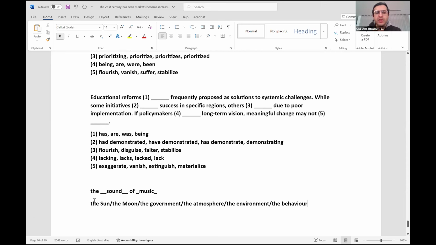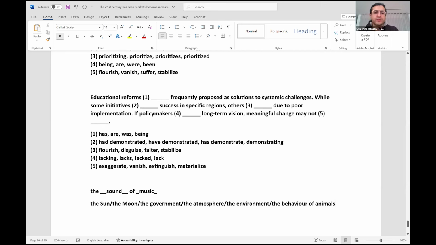For example, the sun, the moon, the government, these do make sense. But if I write the behavior, it is not making complete sense because I'm not mentioning whose behavior, correct? So what do I need to write? I need to write something of humans, of animals, of birds. So it needs more context.